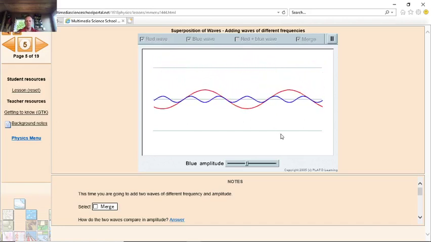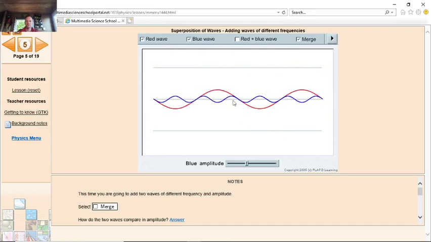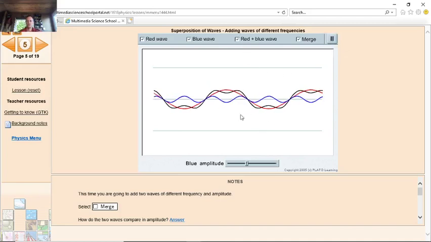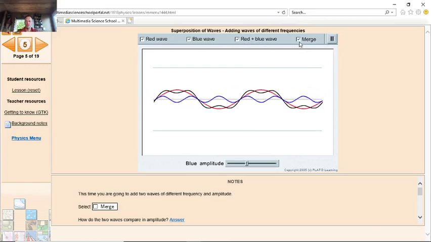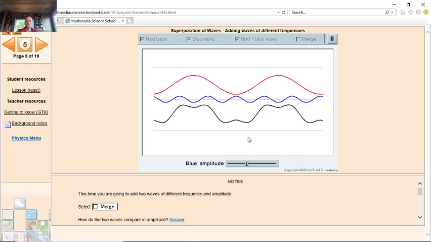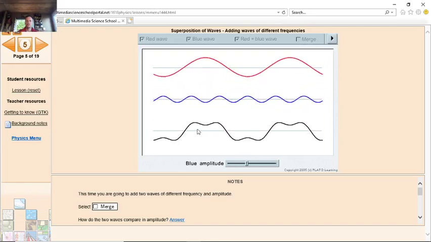If I merge the two waves together and freeze here, you see this can have an amplitude, let's say, of 1, and that one an amplitude of a half. But when I show you the superposition of these two waves, it looks like this black line. I think it's better if I actually merge them and separate them out, and this is where we get a new waveform coming out.